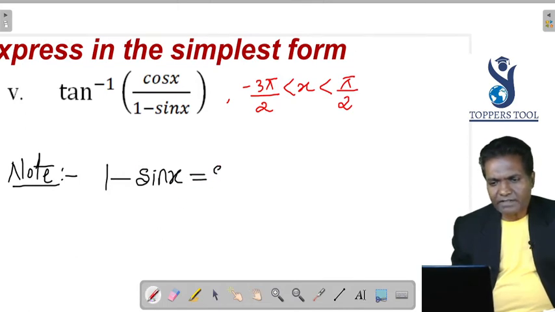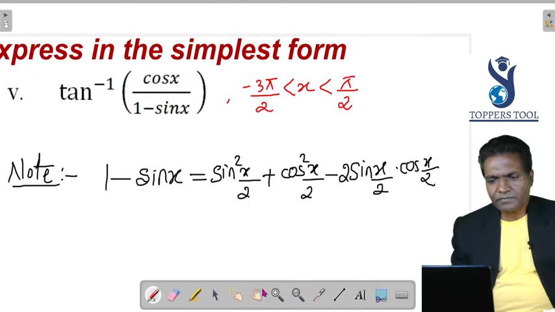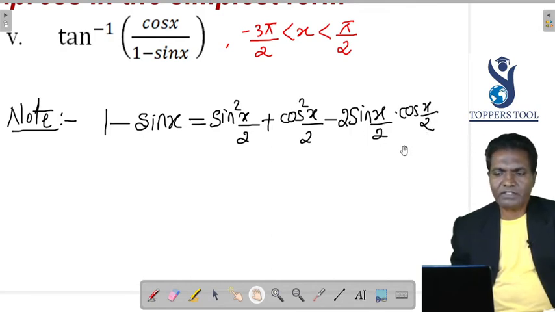actually 1 means it is sin square x by 2 plus cos square x by 2, and sin x can be written, in terms of half angles, as 2 sin x by 2 cos x by 2. Please note down this. 1 minus sin x can be written as, 1 means sin square x by 2 plus cos square x by 2, and sin x means in terms of half angles minus 2 sin x by 2 into cos x by 2.